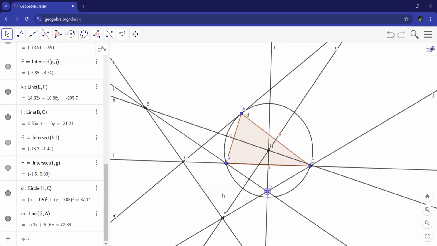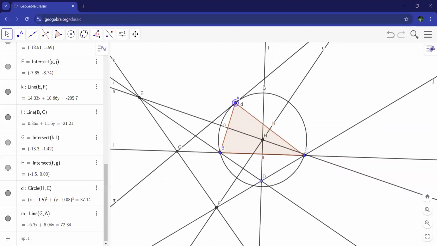So now it's a concurrency problem, and that is much more familiar to us, because if we can somehow come up with three circles for which this tangent, this BC, and this PQ are the radical axes, we'll be done.